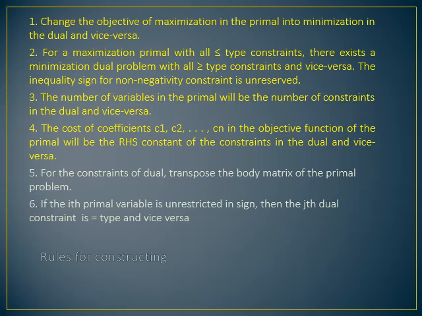So what that means is we will push the coefficients c1, c2 up to cn of the primal to the constants of the constraints in the dual, and we will push the constants of the constraints in the primal to the coefficients of variables in the dual.